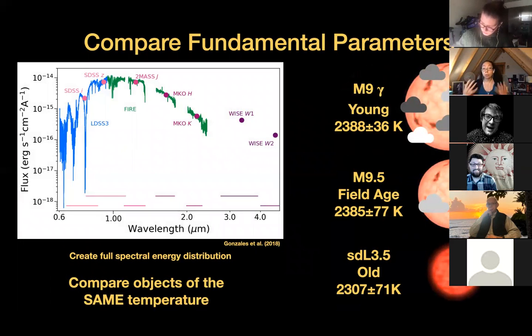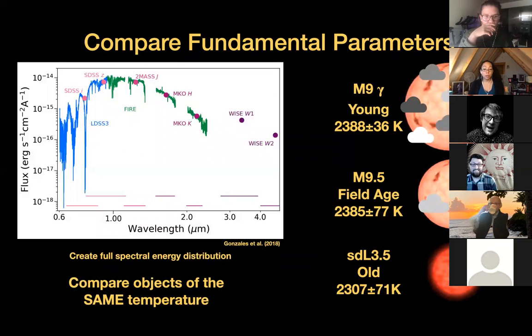So instead of comparing things of similar spectral type, I want to compare things of similar fundamental parameters. Here what I've done is I have created distance-calibrated spectral energy distributions, or SEDs. And here I have the SED of 1256. Having that distance, I can get out an empirical bolometric luminosity.